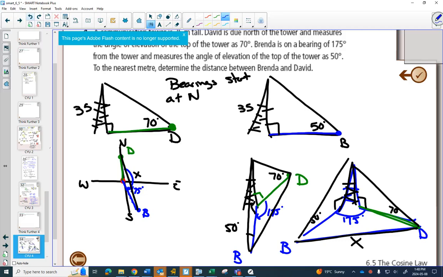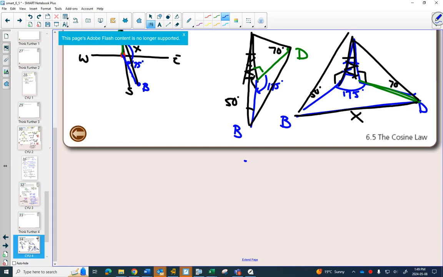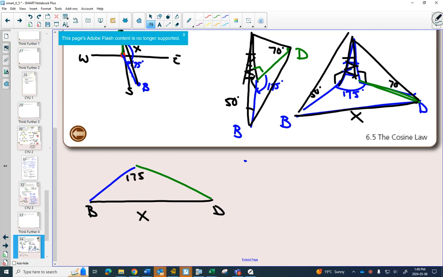But if I pull that triangle out all by itself, sometimes this is helpful. I want to find this length between Brenda and David. This had a blue line and a green line, and we knew that this angle was 175 degrees.